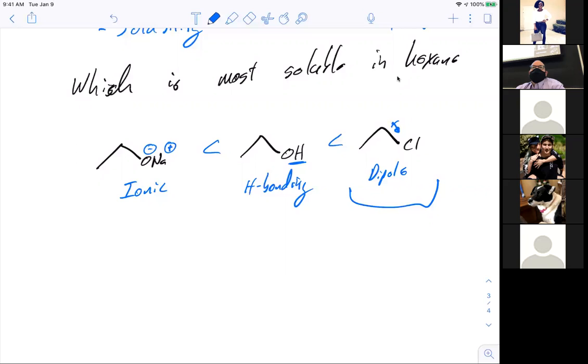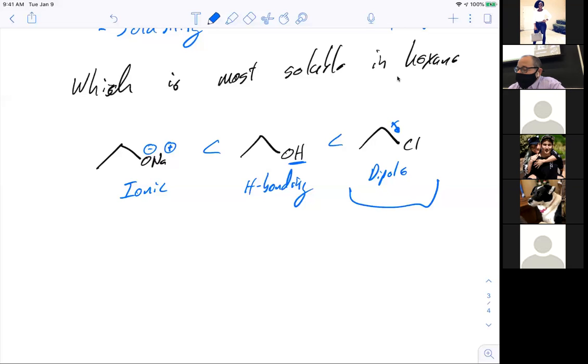I think it's formerly called the perspective drawing, but I usually call it the wedge and dash just to make it very, very clear. It represents a 3D perspective, so I think that's the term. I've always just called it wedge and dash because it's easier to remember that way. Yes, ma'am.